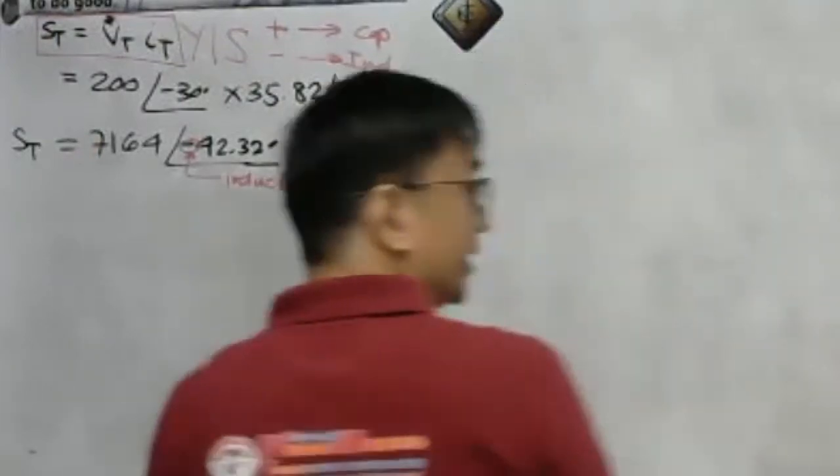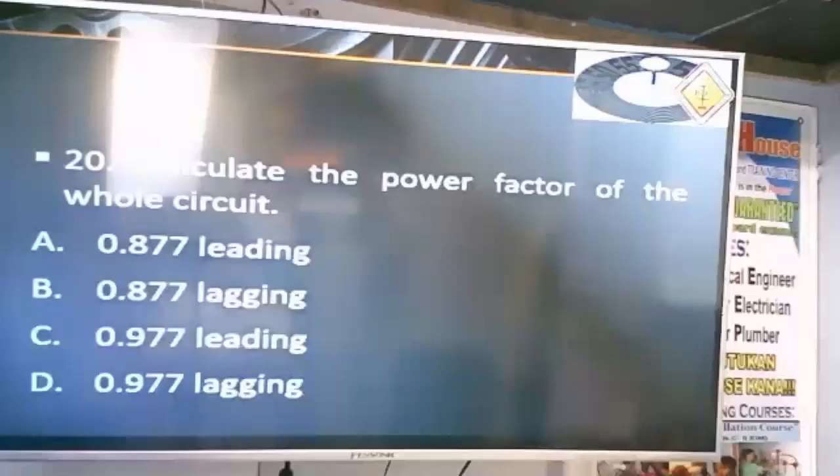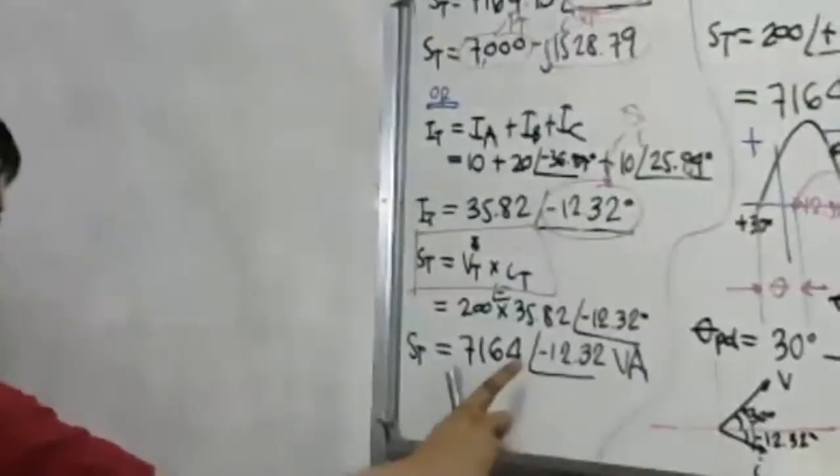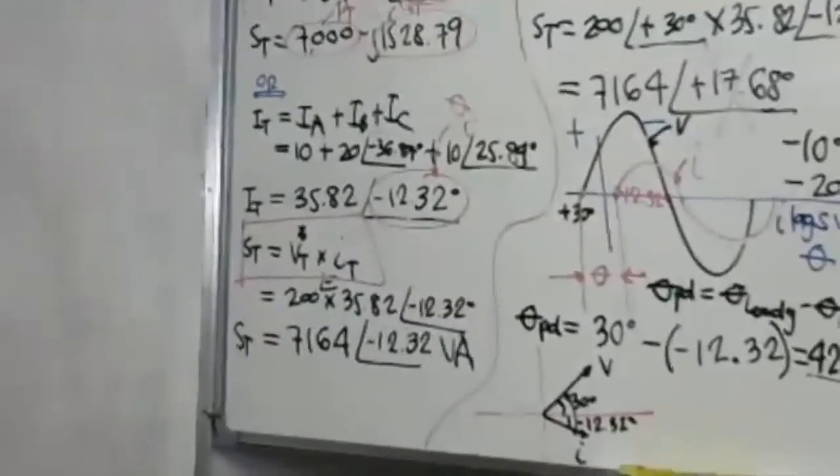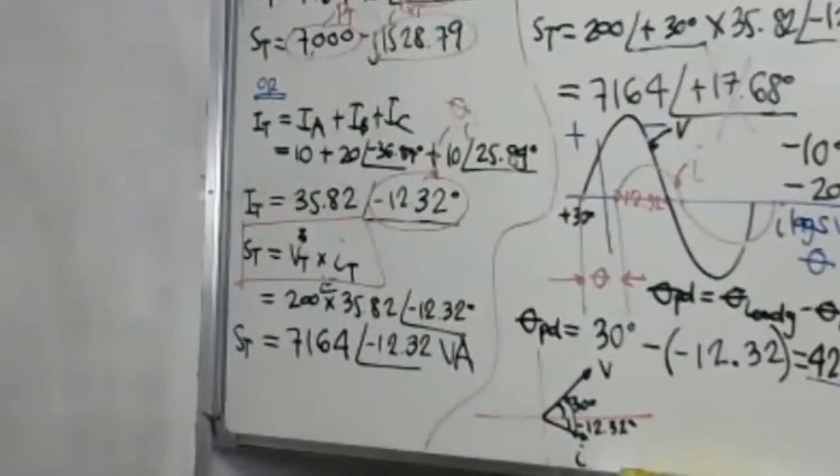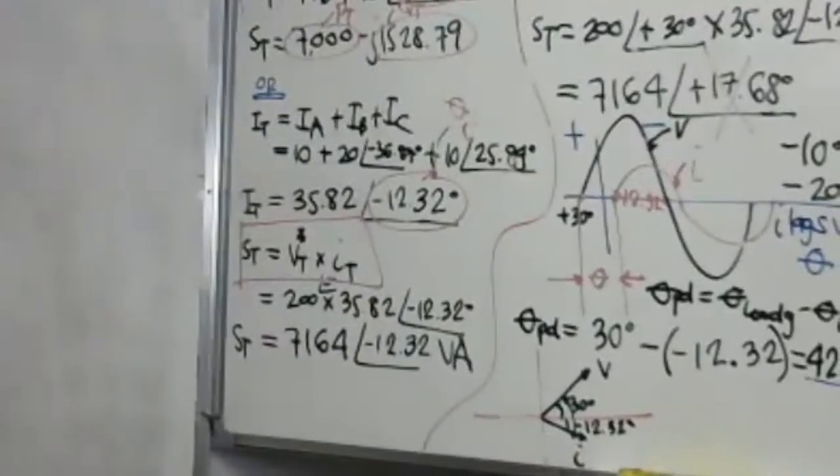Okay, for number 20, we're asked to find the power factor of the whole circuit. Wala pa pala tayong sagot doon? Okay, let's go back here. Our angle is negative. Of course, this is inductive, right? So, power factor is equal to cosine.